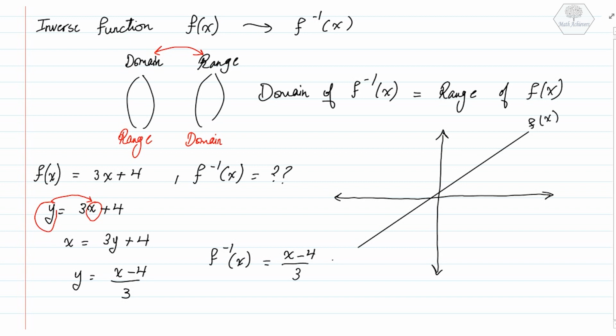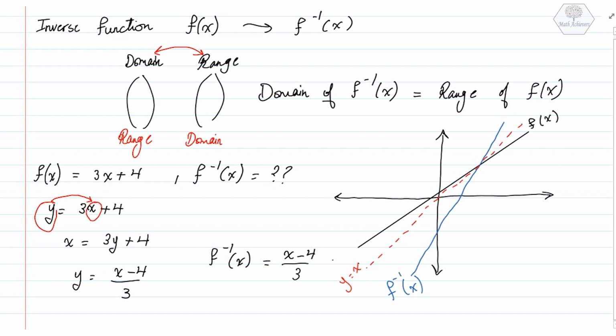If I want to sketch the f inverse of x, simply I reflect f of x on the line y equals x. This line is y equals x, I reflect the function f of x on this line. Need to draw another line, which is a reflection. It's something like this. The line in blue is the inverse function of x. I hope it's clear enough.